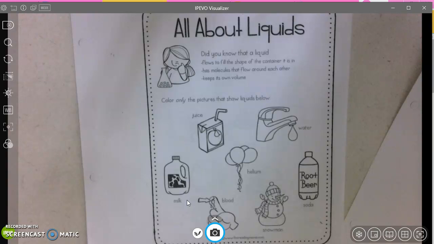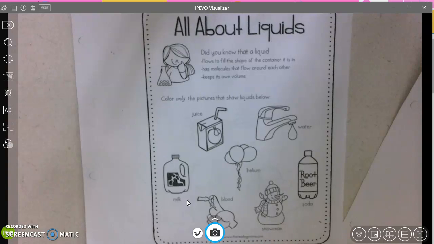Or maybe I pour a small glass of water into a larger glass, and you might think that the liquid looks less in the bigger glass, but there's the same amount of liquid. The container is just a different size. So it doesn't get bigger or smaller, but it keeps its volume. And then again, go ahead, pause the video, look at these pictures and think which ones you think are liquids.